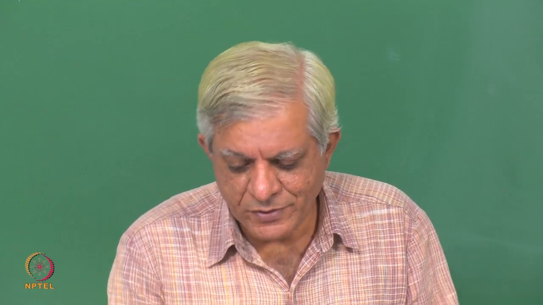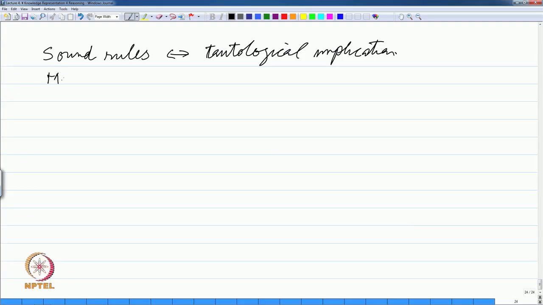So, for modus ponens the corresponding tautological implication is p and p implies q, the whole thing implies q. So, what we are saying now is that if this statement is a tautology, then the modus ponens rule is a sound rule essentially.